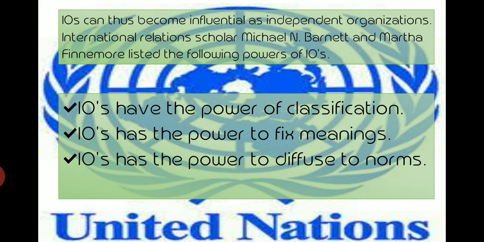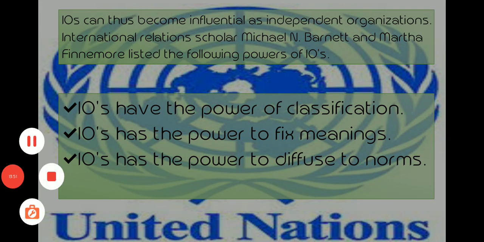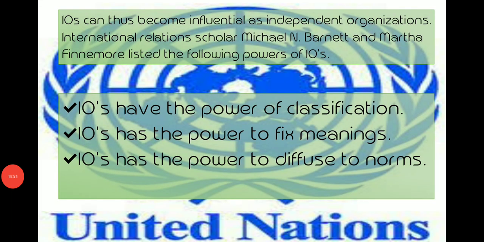As we can see, as they adopt the global standards established by the international governmental organizations, in that way, we can see that there is an international global governance. So, all in all, we can say that international organizations are very powerful and influential.